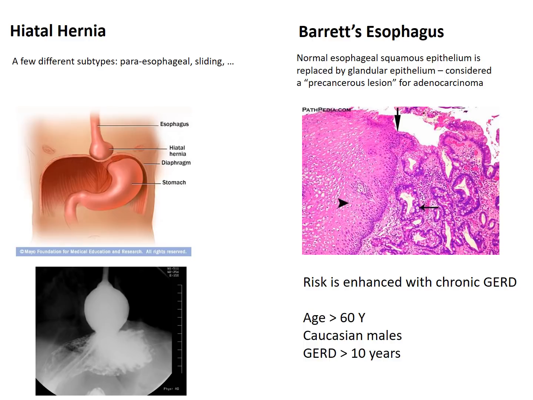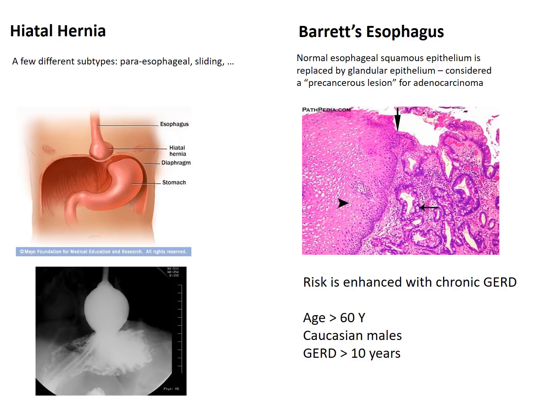And then on the right, we have a phenomenon referred to as Barrett's esophagus. This is a phenomenon where the epithelial cells in the esophagus are replaced by the epithelial cells of the stomach. The epithelial cells of the esophagus are primarily flat, stacked, squamous epithelium. The epithelial cells of the stomach are glandular epithelium.